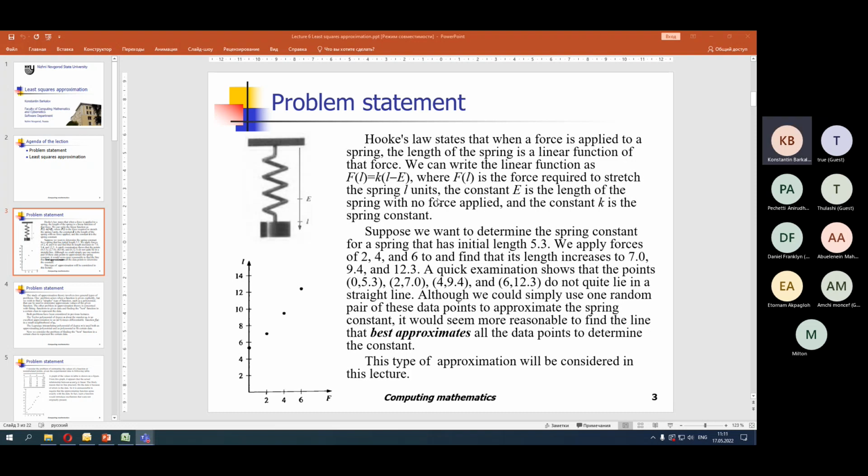So it means that if L equals E, then the force equals 0.